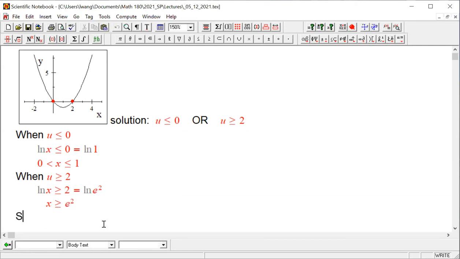Okay, so the final solution, summary of solutions. This piece, or that piece. Okay. Isn't that interesting? Okay, multiple steps.